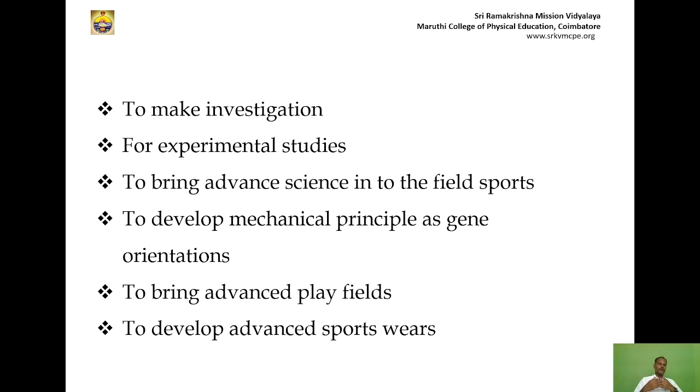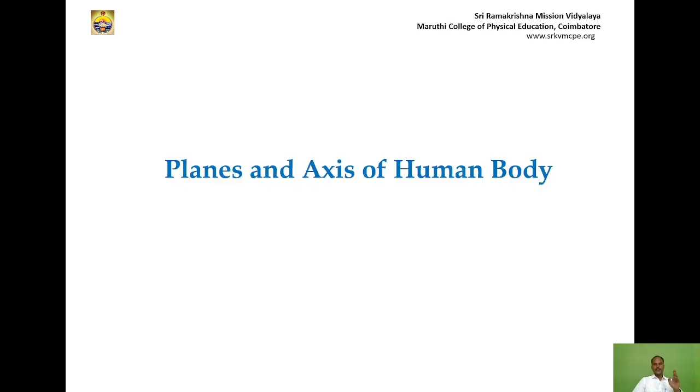For example, now we are using different types of astroturf, synthetic fields and a lot of surfaces, developed with the help of research in sports biomechanics, and to develop advanced sportswear. For example, swimmers are using different sportswear, athletes are using different sportswear, and players of each game use different sportswear because of the recommendation by sports biomechanics.